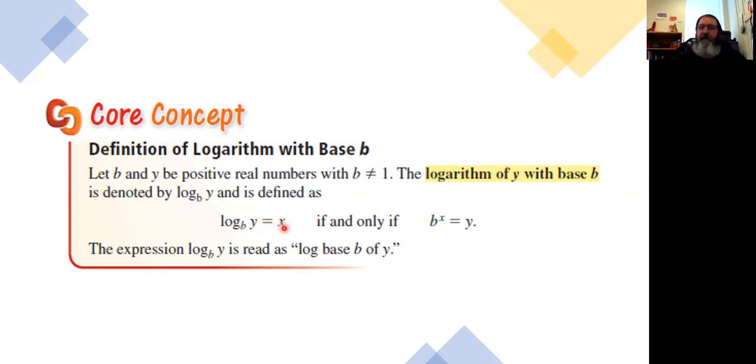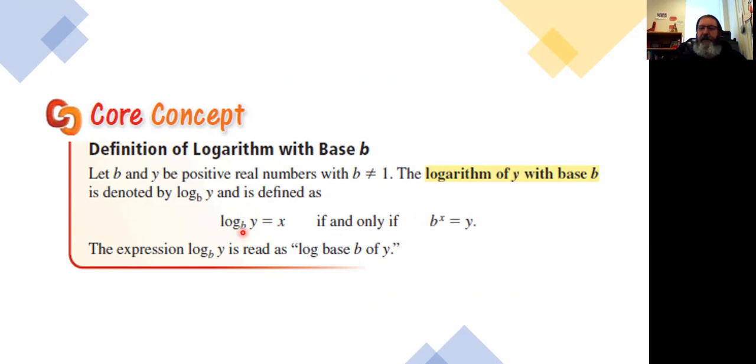Now think about what we just defined logarithms to be. Logarithms are exponents. So this logarithm with a base of b of this number y, log base b of y, equals x. That means x has to be an exponent, right? So here's that base.